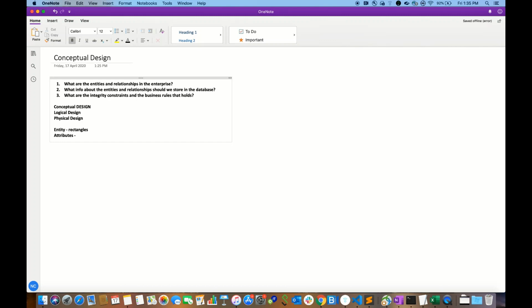In order to represent those characteristics of an entity in our database model, attributes are used, and each attribute is represented by an ellipse. Every ellipse represents one attribute and is directly connected to its entity.